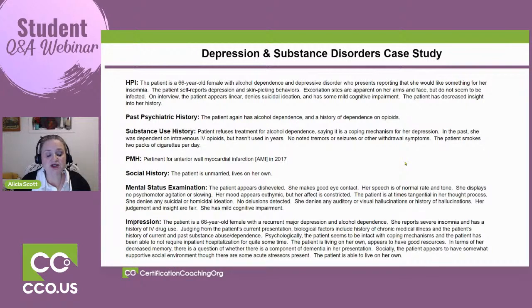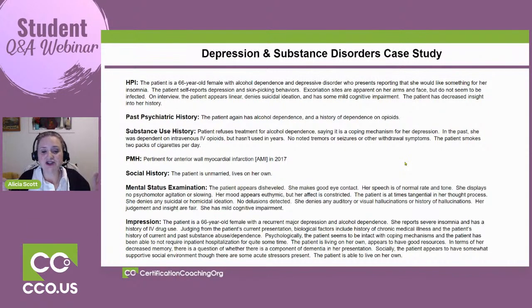The patient also self-reports depression and skin-picking behaviors. Do you guys know what that is? Have you ever heard of that before? If you have, put it in the chat. Excoriation, sites that are on her face and arms, so it's evident that it's there. All right, and she has some mild cognitive impairment. Are we going to need to code for that, right?